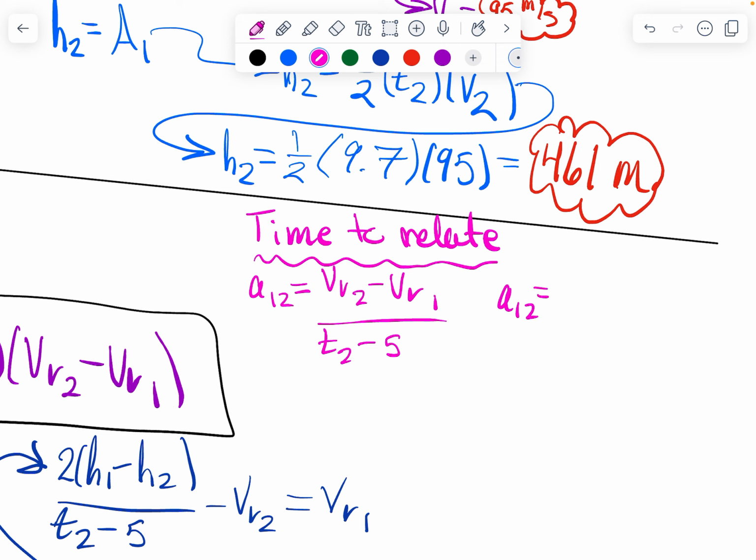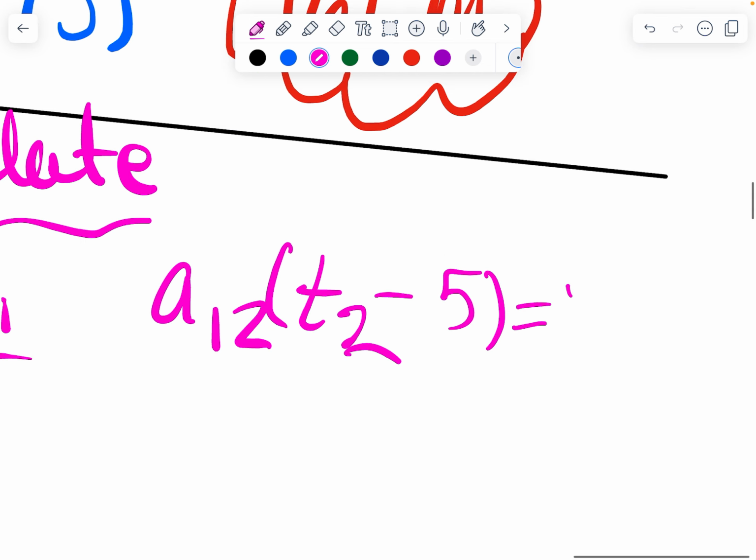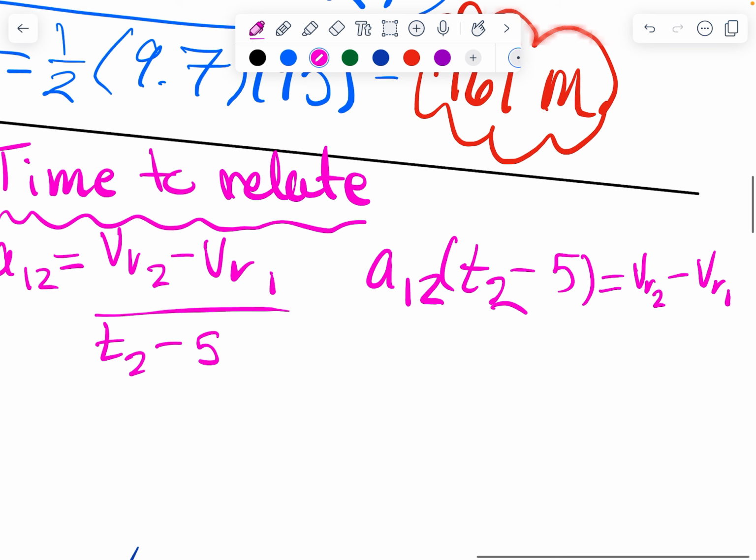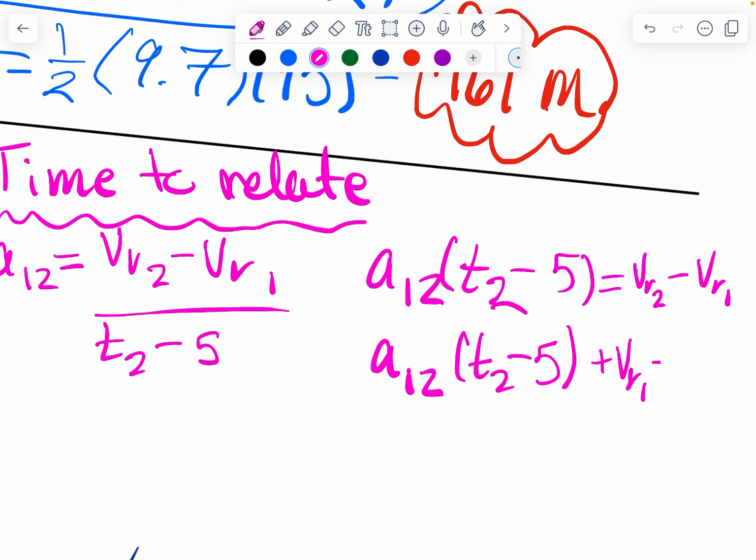Because right here, we're going to go off of VR2 minus VR1, and we want to isolate that because we want to simplify our variables. Awesome sauce. Now we're going to have A12 times (T2 minus 5) plus VR1 equals VR2.